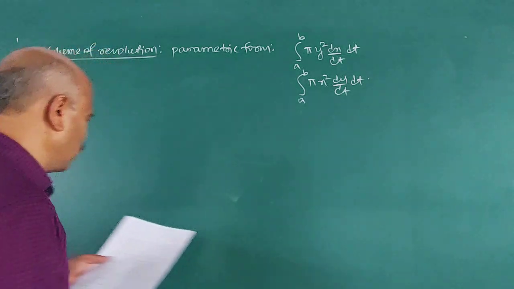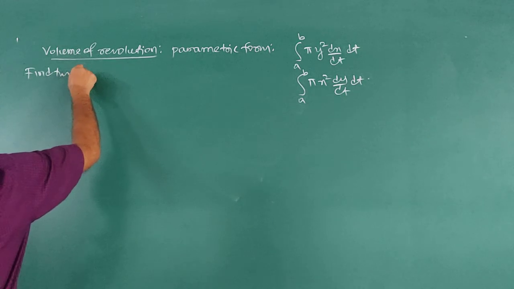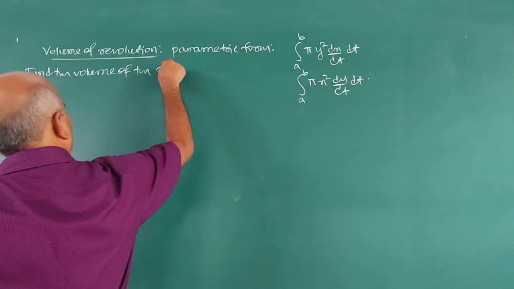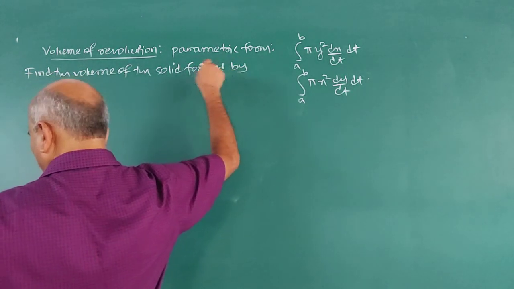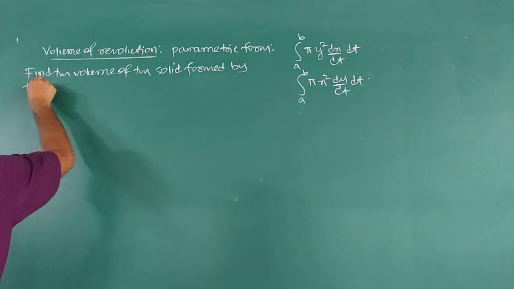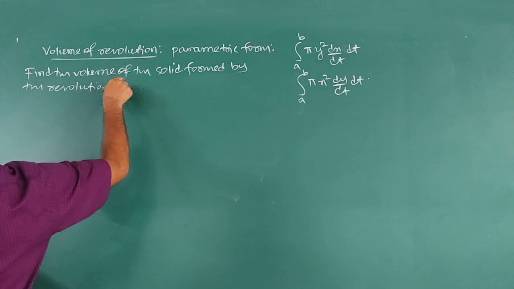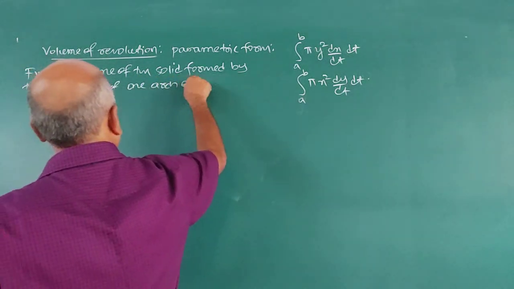Find the volume of the solid formed by the revolution of one arc of the cycloid.